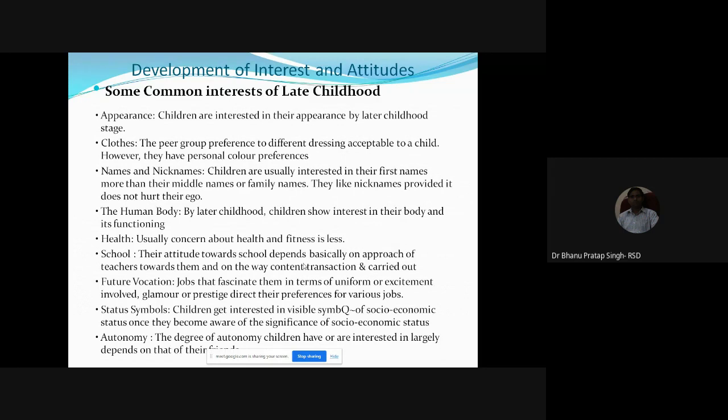One more thing is important: the degree of autonomy children have or are interested in largely depends on their friends. Even at this particular age, they argue with the parents about their friends, their peer group.